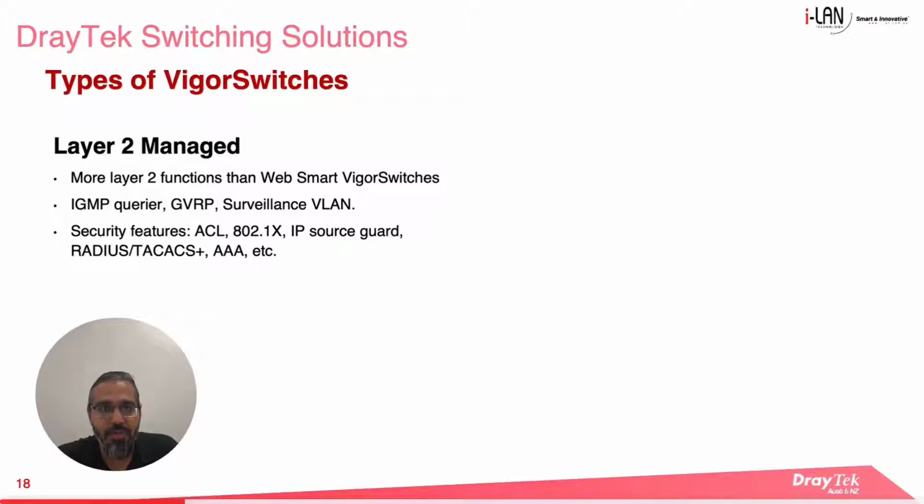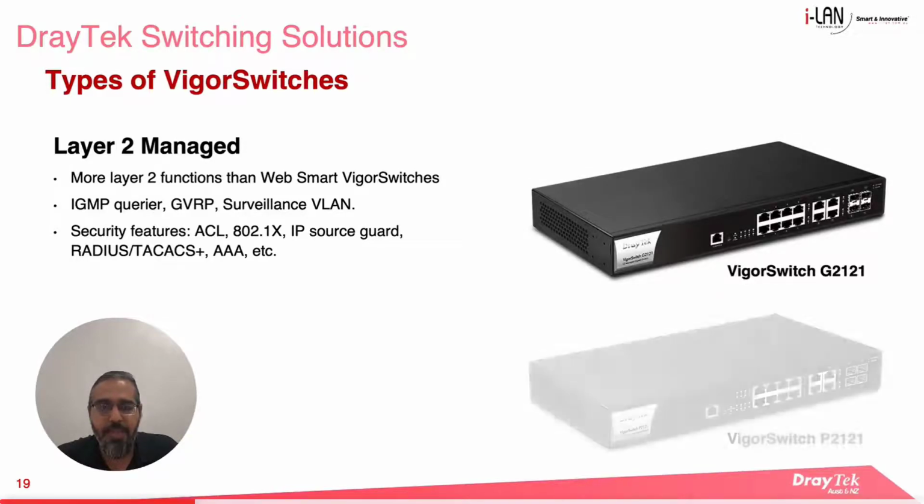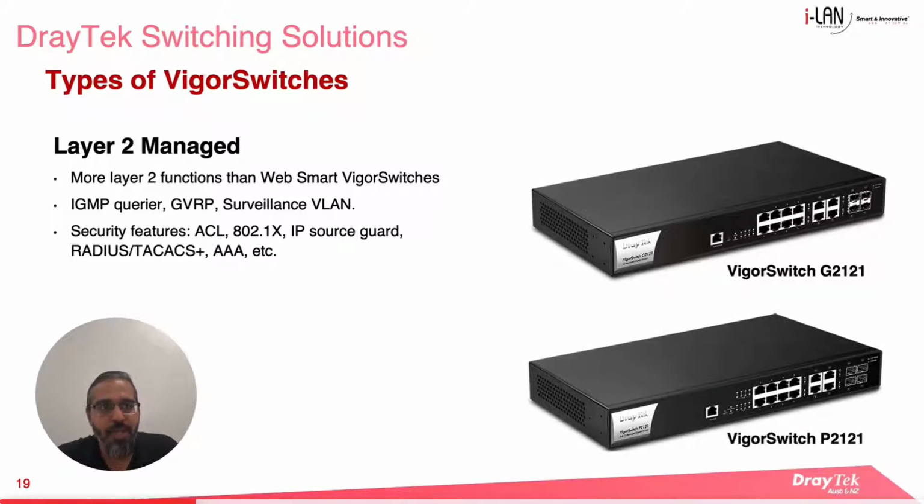Additional security features include access control lists or ACLs, 802.1x, IP source guard, RADIUS, TACACS, and AAA, etc. Two examples of Layer 2 managed Vigor switches are the Vigor switch G2121 and P2121 that are shown. There are several others as well, which you can find listed on our website.